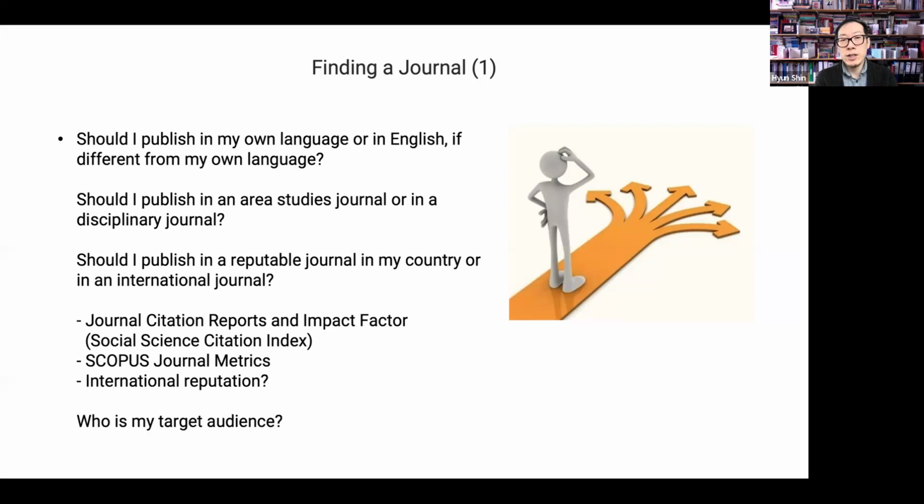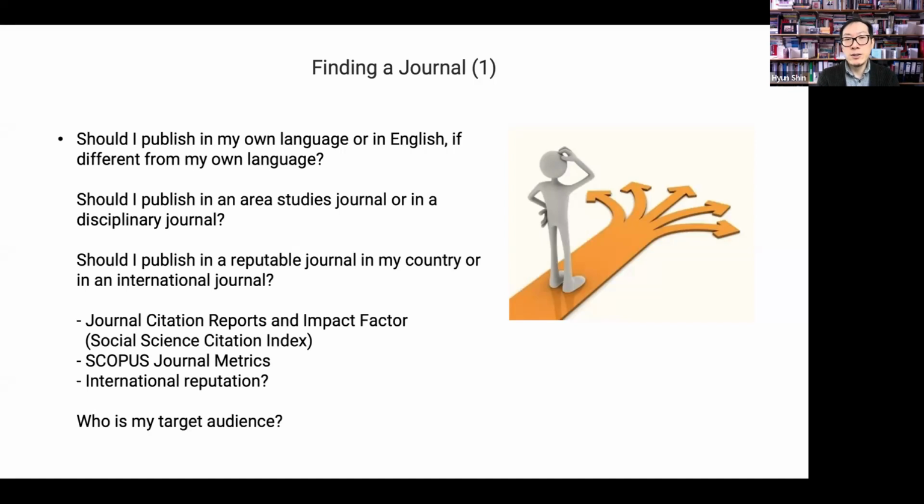Also, should I publish in an area studies journal or in a disciplinary journal? There are area studies journals such as Critical Asian Studies and Journal of Contemporary Asia, and there are disciplinary or interdisciplinary journals such as Urban Geography, Urban Studies, Singapore Journal for Tropical Geography, and so on and so forth.